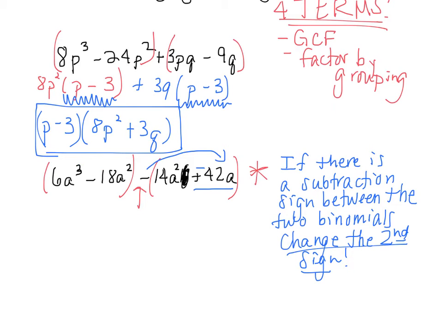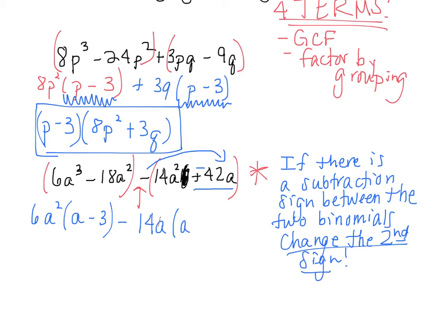So I'm going to go ahead and factor out a 6a squared from that first binomial. That's going to leave me with an a minus 3. I keep my subtraction sign. I know that 14 goes into 42, so I'm going to pull out a 14. I also see that both the terms have an a in it, so I'm pulling out a 14a.